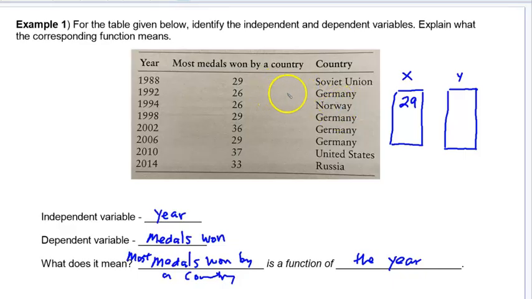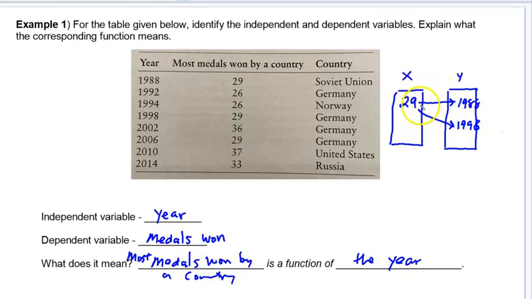And if you notice, that's what's happening here with, let's just take, for example, 29. 29 medals were won in 1988, and they were also won in 1998. So just a little Algebra 2 review.